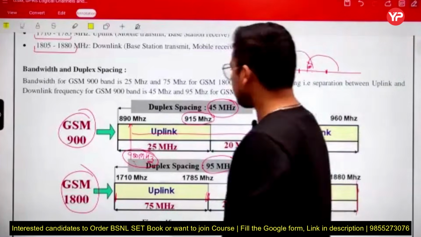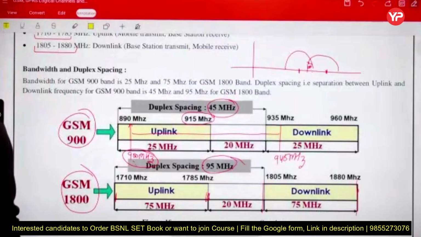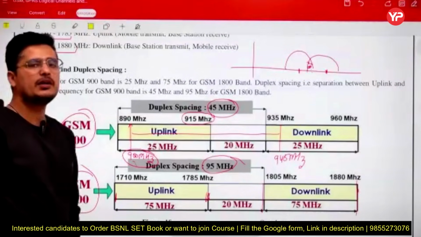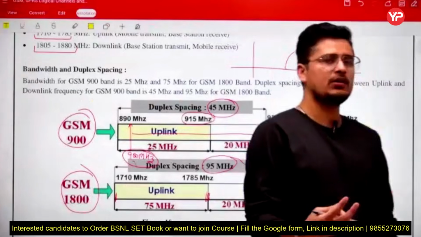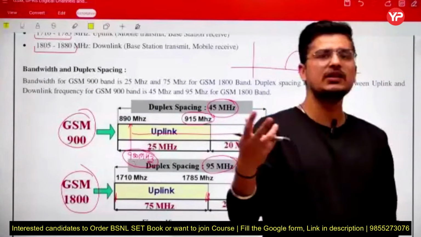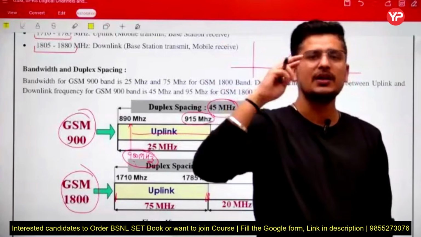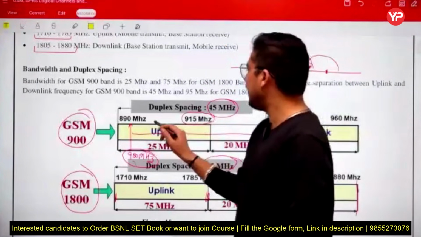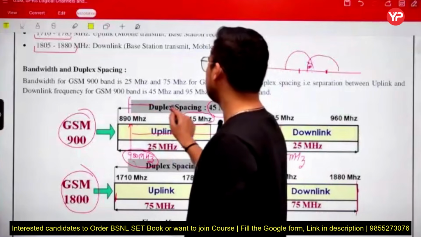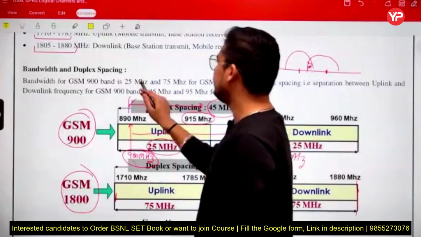Whenever we talk about the GSM bandwidth, what does bandwidth mean? At a particular time, if I am speaking, the other person is listening, which means I am transmitting the information at that time. So we require only this frequency band. The bandwidth of the GSM 900 band is only 25 megahertz.